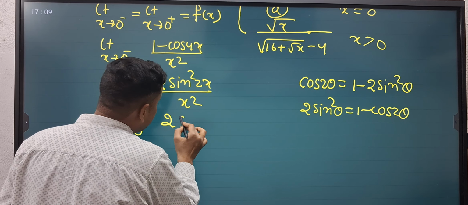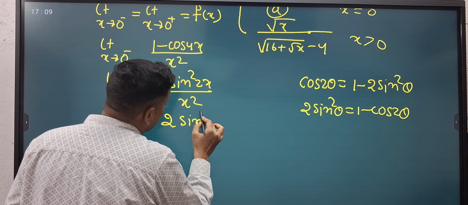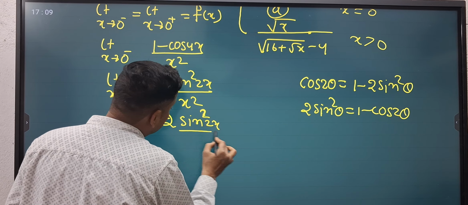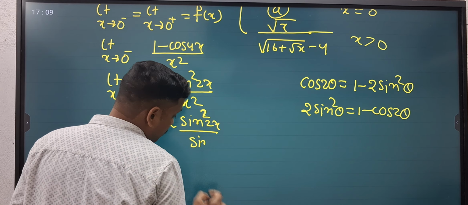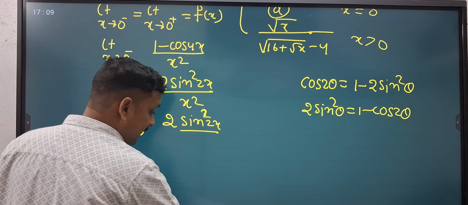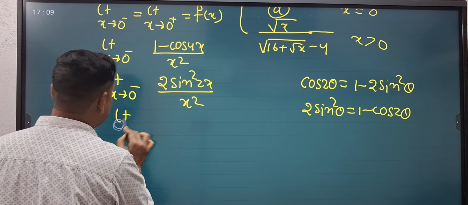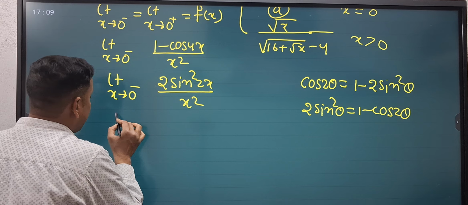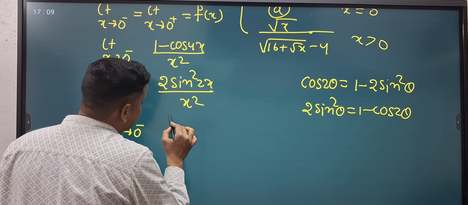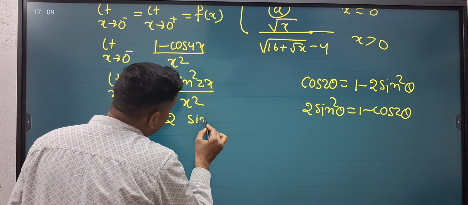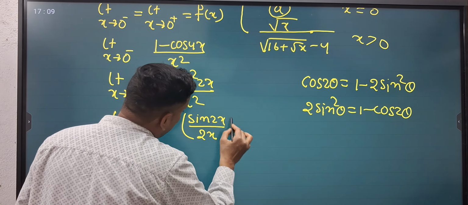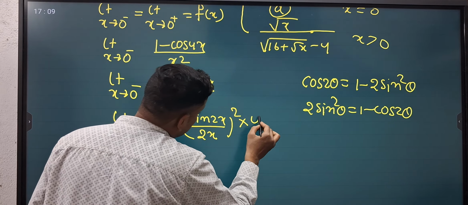So I will write limit x tends to 0 minus 2 times (sin 2x by 2x) whole square into 4.